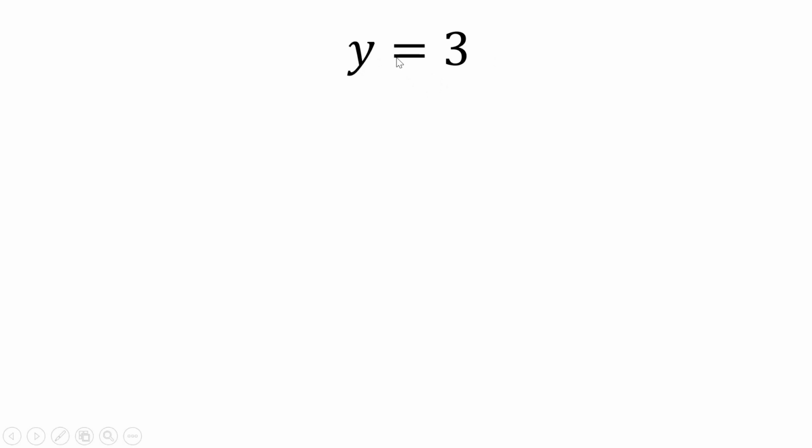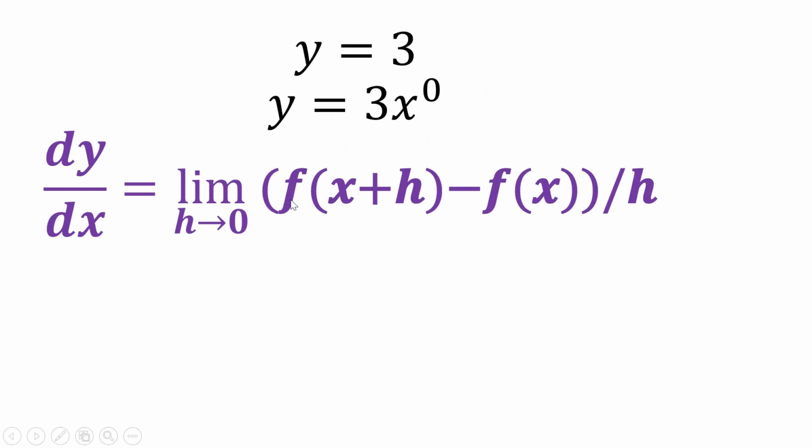So we have a constant function y equals 3. Remember, this can be written as y equals 3x to the power 0 because any variable to the power 0 is 1. So this and that are the same. But I'm going to use this to solve. So what do I do?